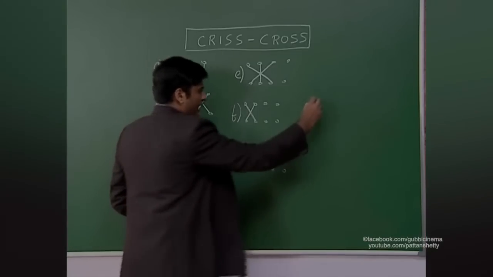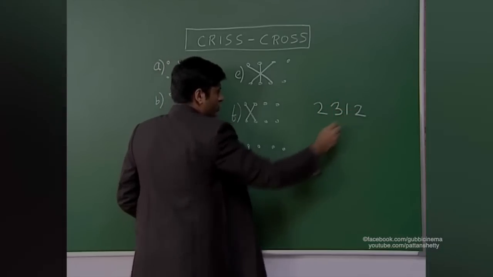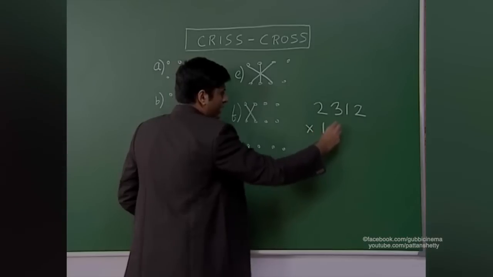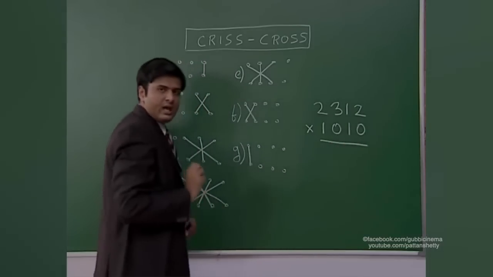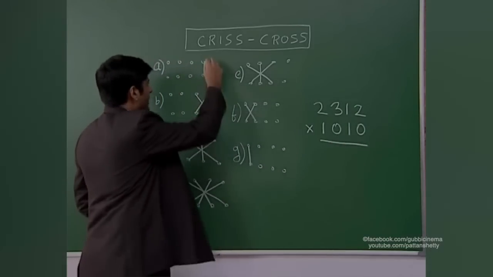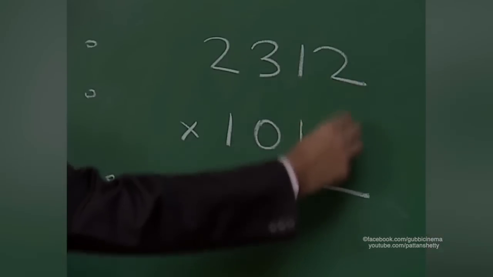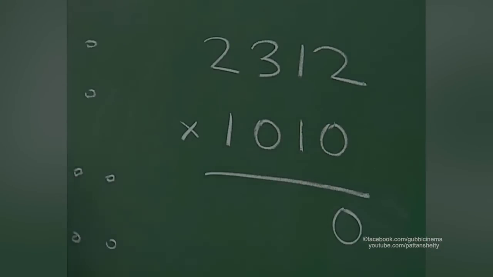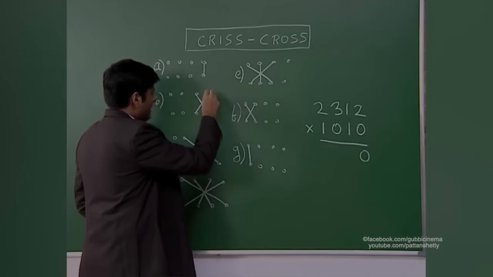Suppose I have to multiply, say, 2, 3, 1, 2 by 1, 0, 1, 0. Step A says multiply these two numbers. So 2 times 0 is 0. Step B says multiply like this and like this.